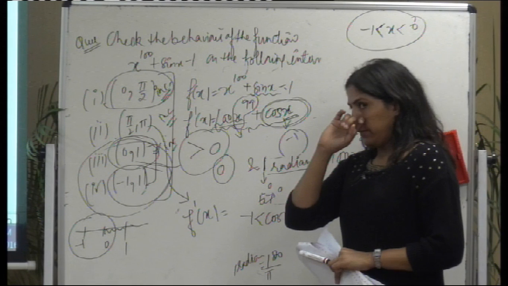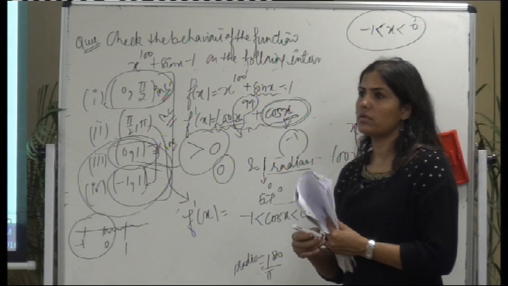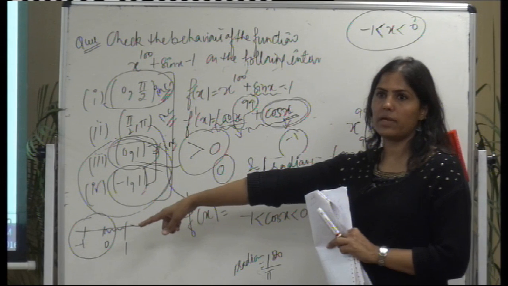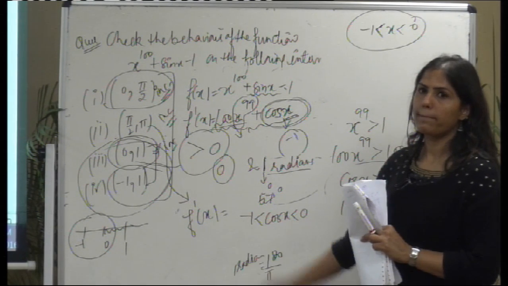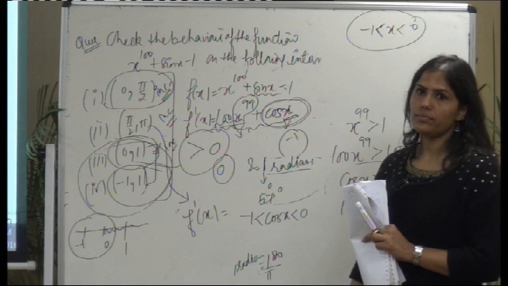Cos of minus x is cos x, so at minus 1 it is about minus 57 degrees, the fourth quadrant, where cos is positive.